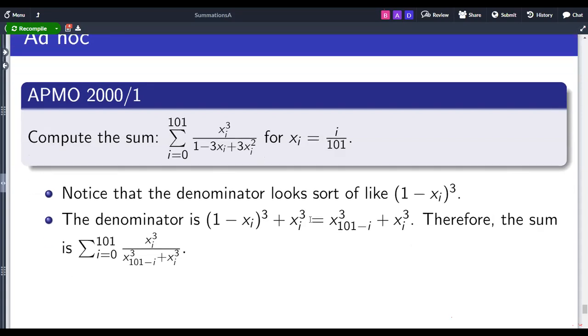And then we note that the form we were given is x_i = i/101. So 1 - x_i is really 1 - i/101, as Brian said, which is also (101 - i)/101. So that's x_{101-i}. So we can rewrite it as x_{101-i}^3 + x_i^3, and I've rewritten the sum there. Does anyone have any ideas for how to go from here?